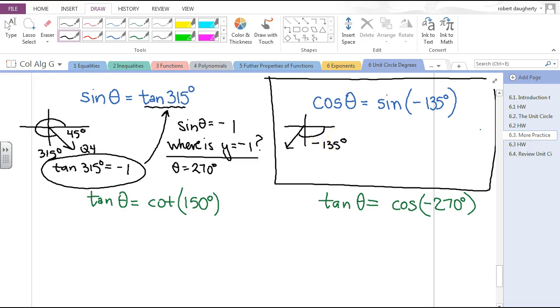If that's -135 degrees, what is the central angle from here to here? Yeah, that is a 45-degree angle in quadrant 3. So I'm trying to figure out the sine of that. The sine is what coordinate? Y. What's the y coordinate of 45 degrees?